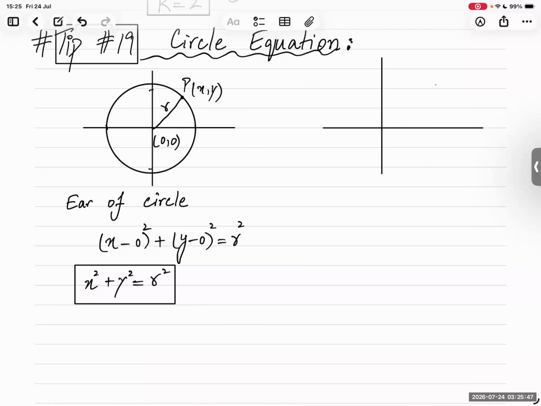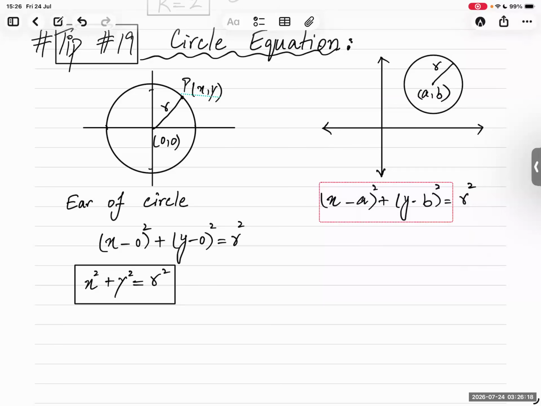Now, what if we have a circle with radius r and a center other than the origin? Let it be A and B. Now the equation is x minus A square plus y minus b square is equal to r square.